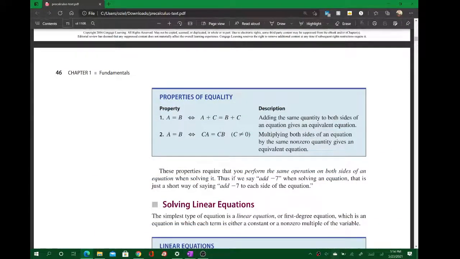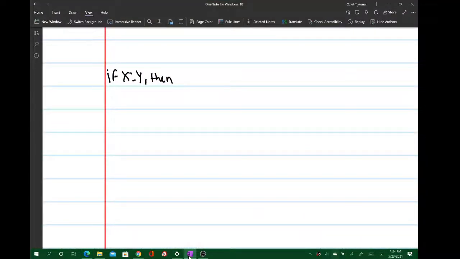And similarly, when you say a equals b, you can also say if x equals y, then ax will equal ay, because anything you multiply to x, you also multiply to the other side.